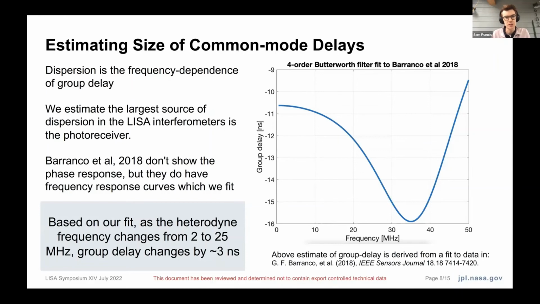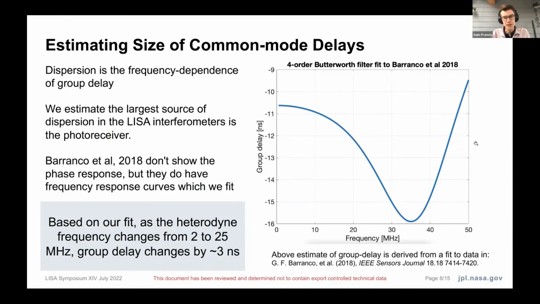This is the idea of dispersion, which effectively means that as we change the beat note frequency we're measuring with this detector, we get a different delay through the detector. This plot is just a fit to some data, so it'd be really interesting to see what the real data looks like.